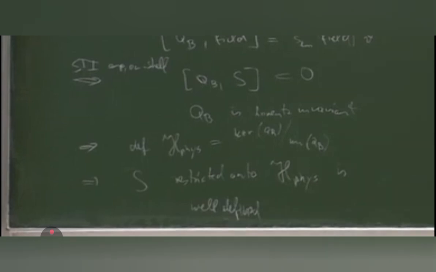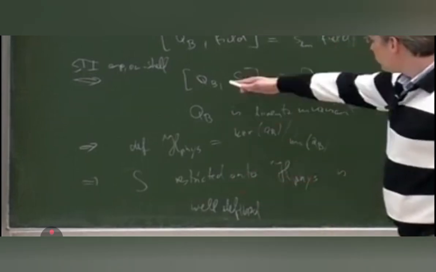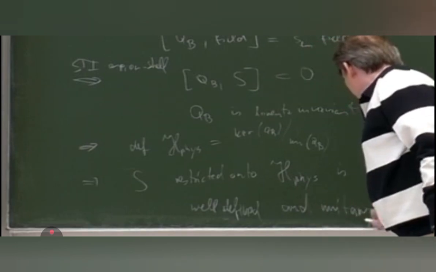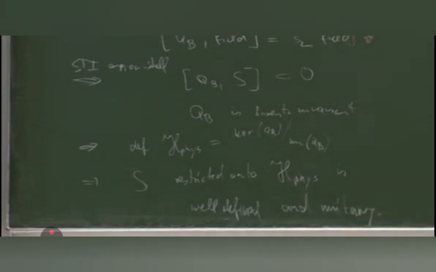So if you are in one equivalence class, you are mapped into one unambiguous equivalence class, so the equivalence structure is retained, and it is unitary, again because of the commutation relation.